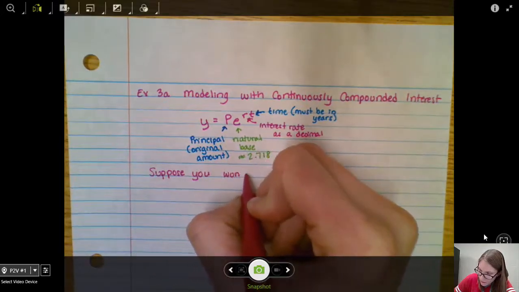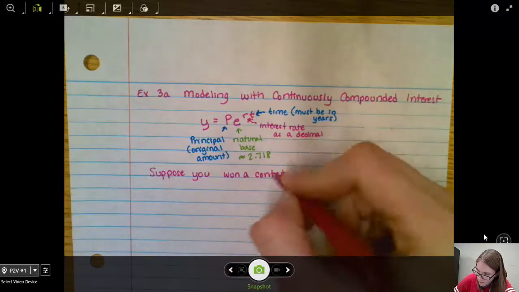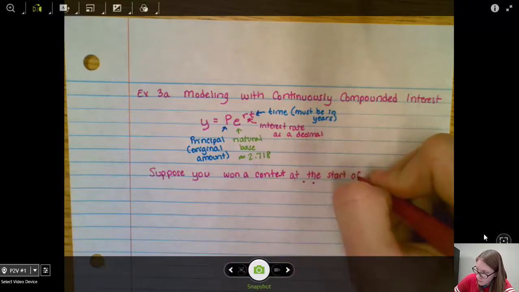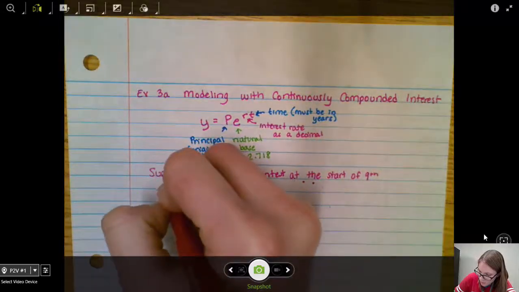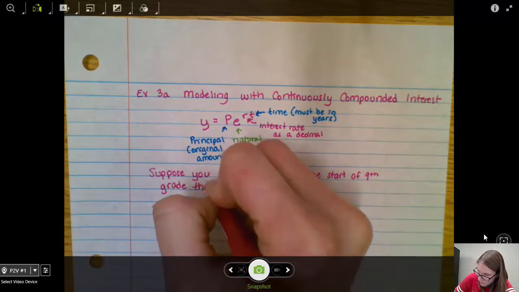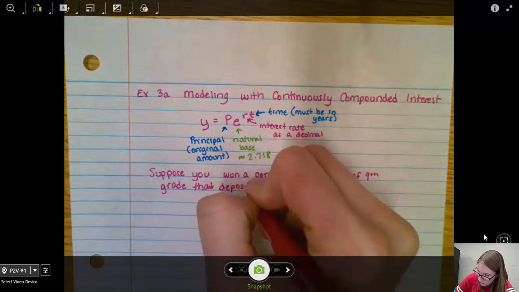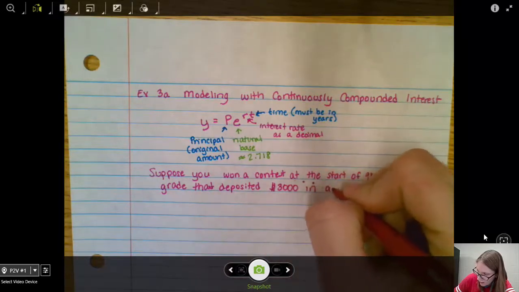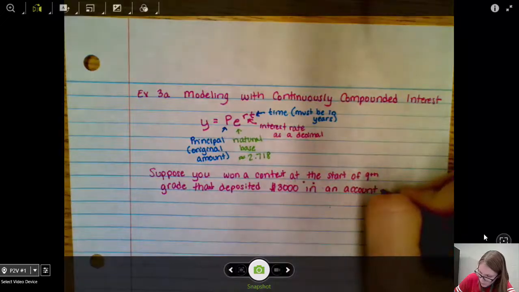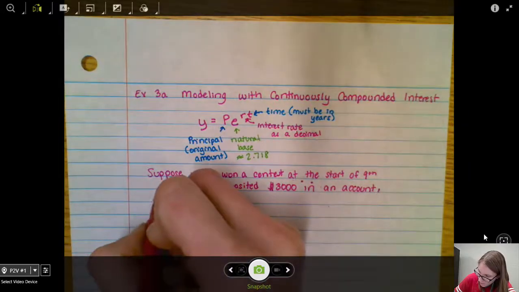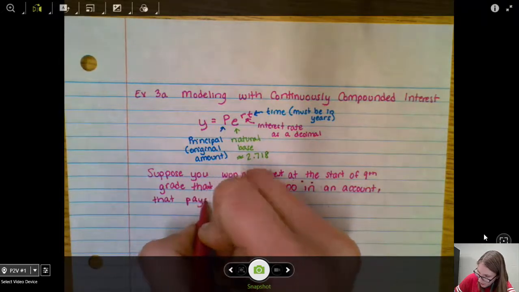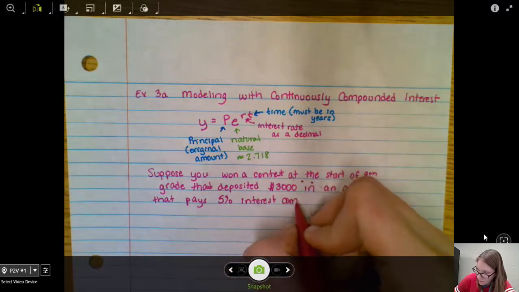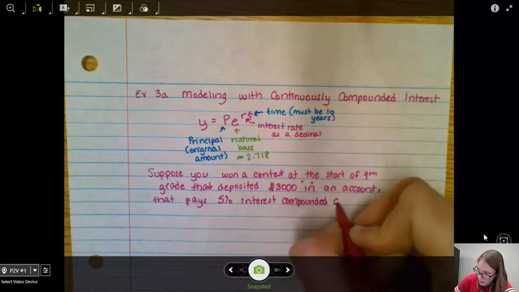All right, so let's use this equation in an example here. Suppose you won a contest at the start of 9th grade that deposited $3,000 in an account. And that account pays 5% interest, compounded continuously.